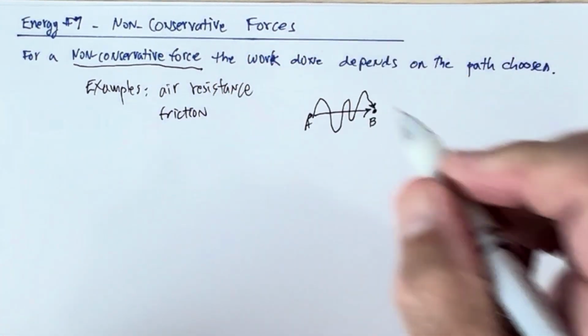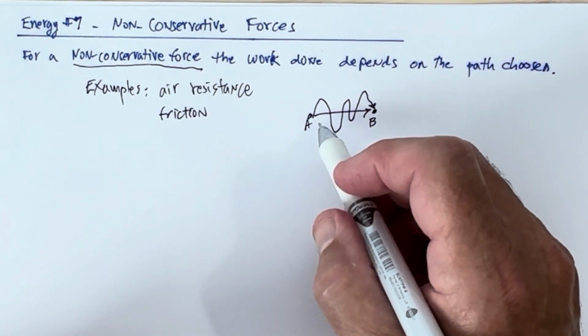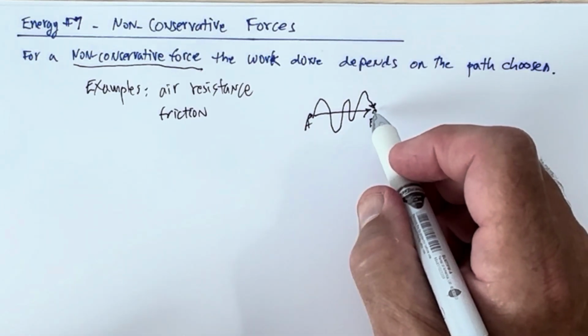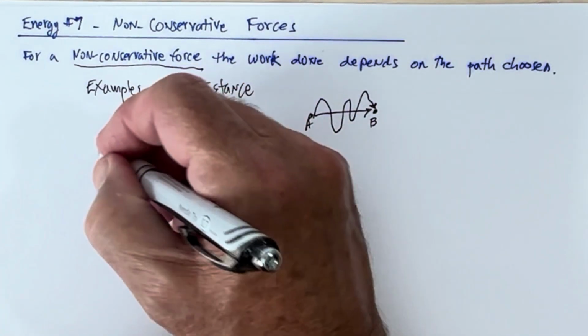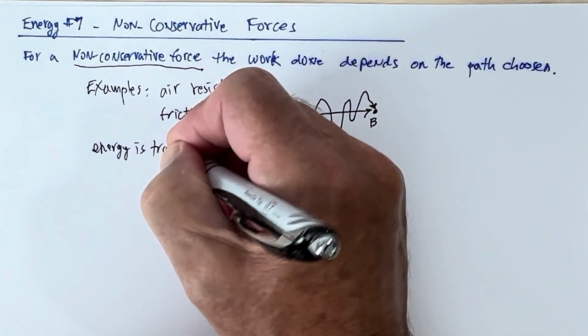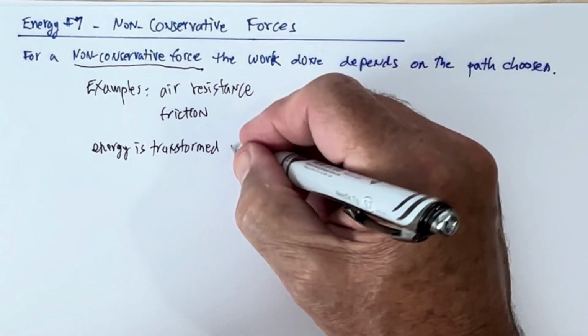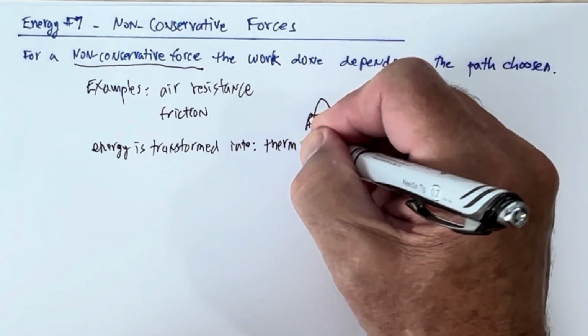You're going to have a lot more frictional energy being dissipated in the tires and all the bearings, plus all the fuel you're expending. So that's an example of a non-conservative force. In this case, energy is transformed into, in the case of the car here, thermal energy.